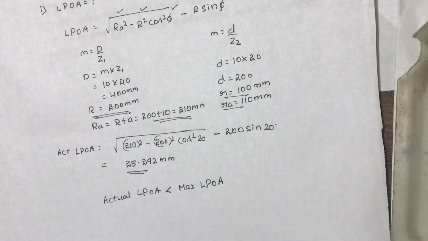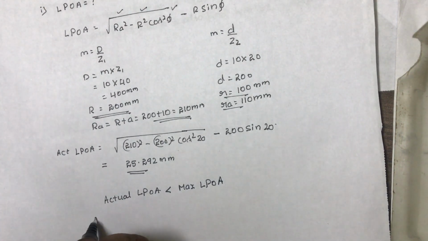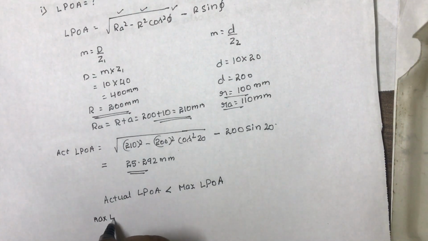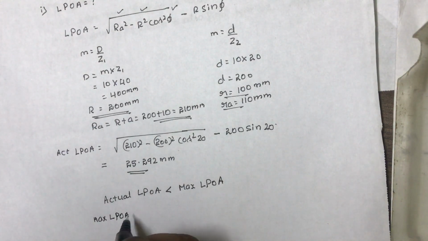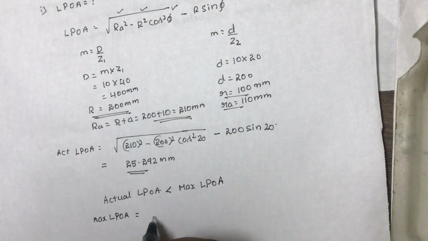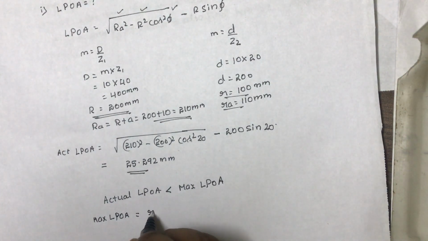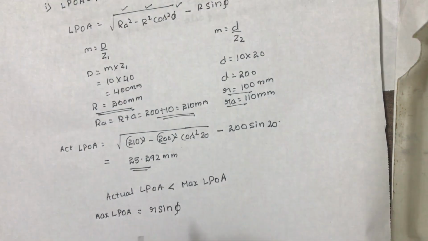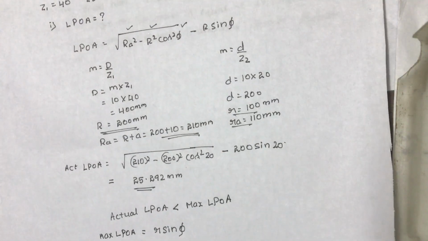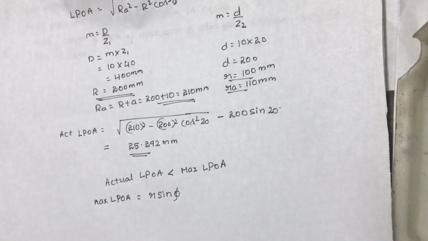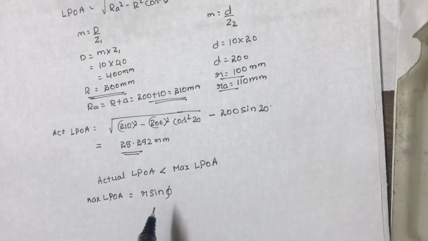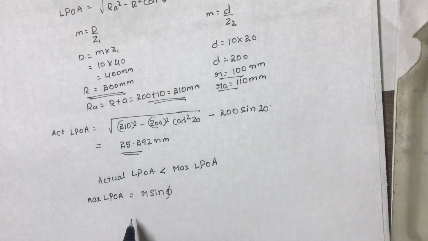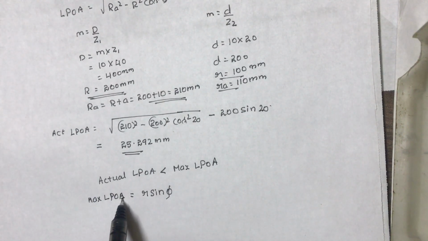Okay, for maximum length of path of approach, we have formula small r into sine phi. Okay, so small r into sine phi. We are considering radius of pinion here, for approach.